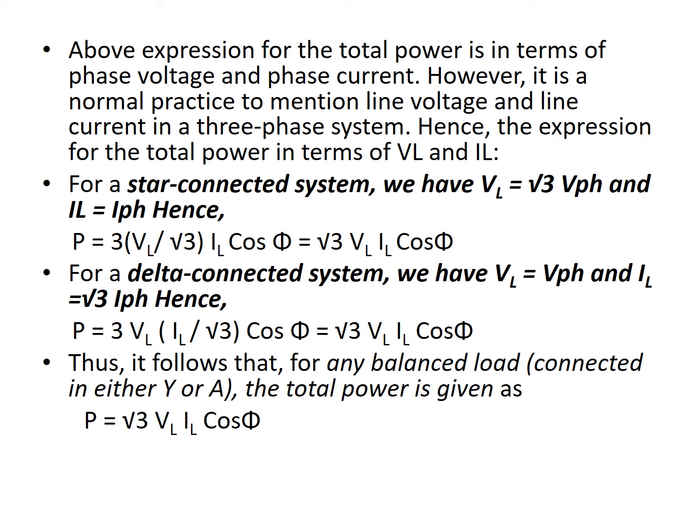In the delta connection, IPH is equal to IL by root 3 and VL is equal to VPH. If you substitute, again you get root 3 VL IL cos phi. So in the three-phase AC circuit, the equation for measuring power is root 3 VL IL cos phi, or root 3 times the line voltage times the line current times the power factor.